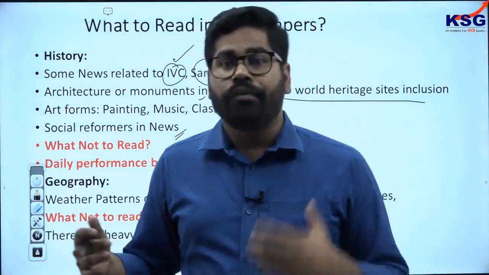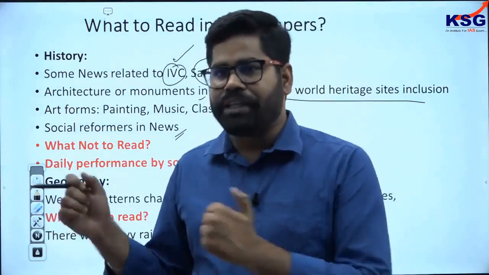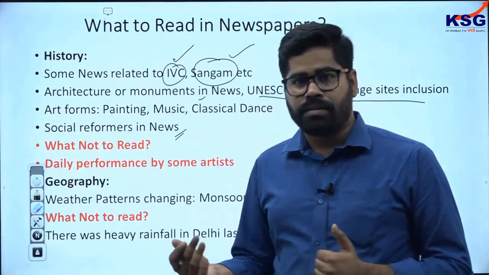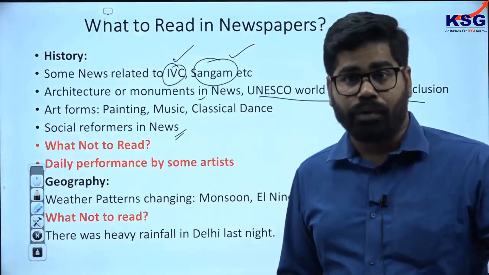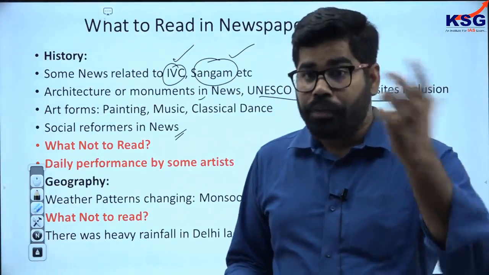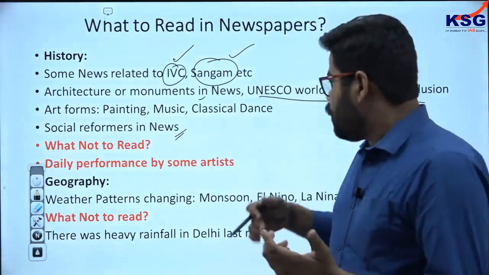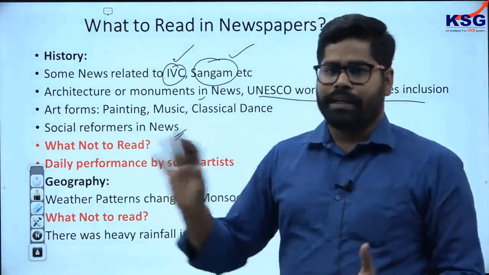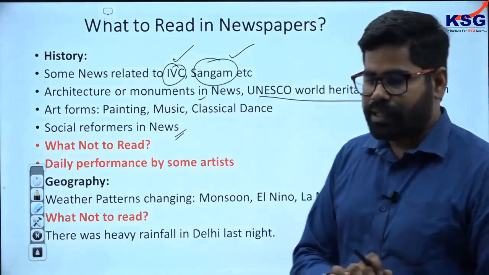During that time you will find that they are continuously mentioned in the newspaper. So if you find some of them in the newspapers, maybe an article about Bhimrao Ambedkar, or any other social reformer, then you can read that article. That is another thing.